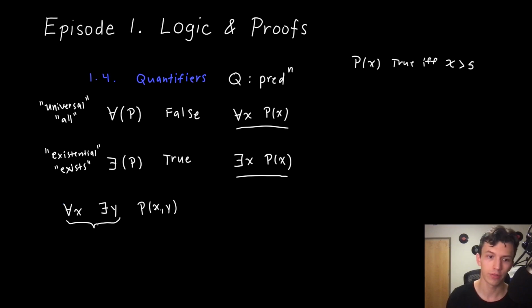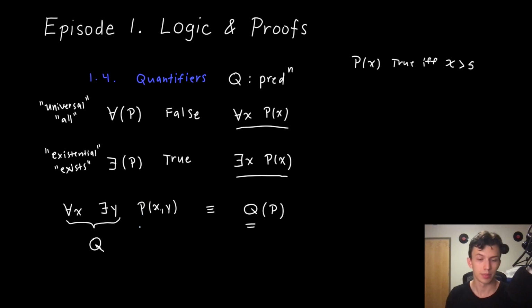But this first quantifier is not the universal or the existential quantifier. It's a new quantifier. Let's call it Q. And it's defined in this way. So Q of P is a proposition that's defined this way, and that defines the quantifier Q. You can input any predicate into here. You could say Q of R, and you just replace P with R, and you get a different proposition. So that would be how quantifiers work.